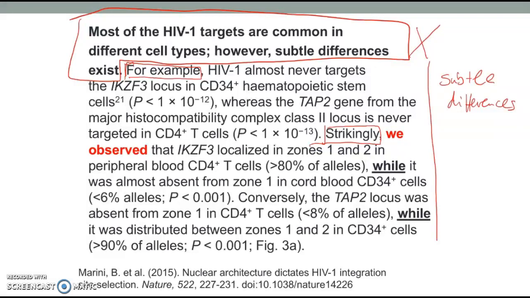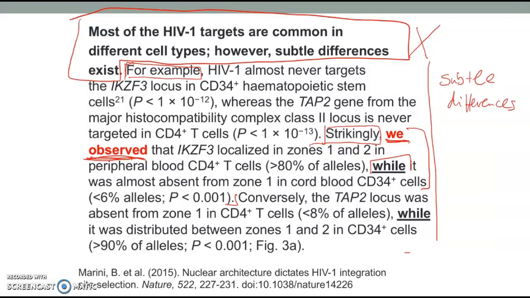So, "Strikingly, we observed that IKZF3 localized in zones, blah, blah, blah, while it was almost absent in here." This sentence is really well structured, and has a good phrase to create a good transition between this sentence and the next one. It has active voice here. We're going to talk about active and passive voice some other time during this training as well. We observed that this and this happens while it was almost absent from here.